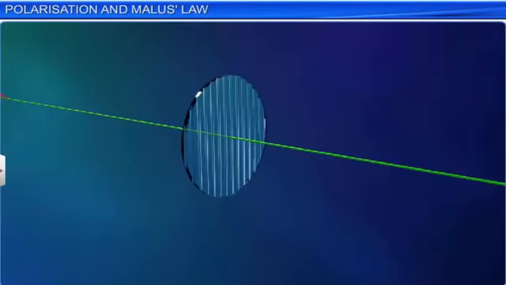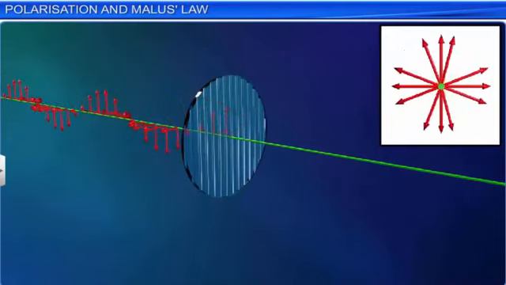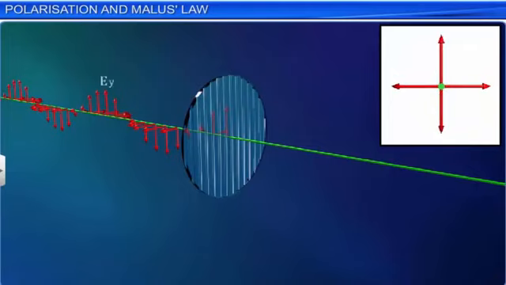In an unpolarized light, the direction of the E vector is randomly distributed around the direction of propagation of light. We can resolve these different vectors into components EY along the polarizing axis and EZ perpendicular to the polarizing axis.